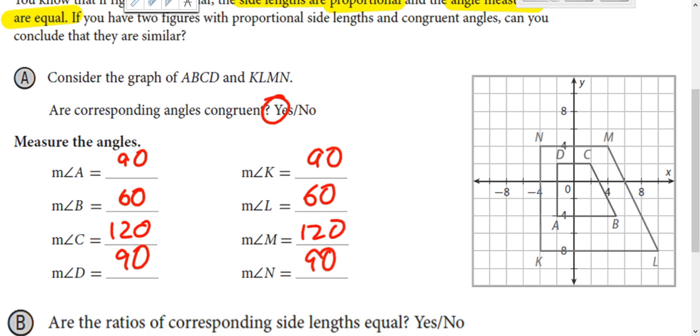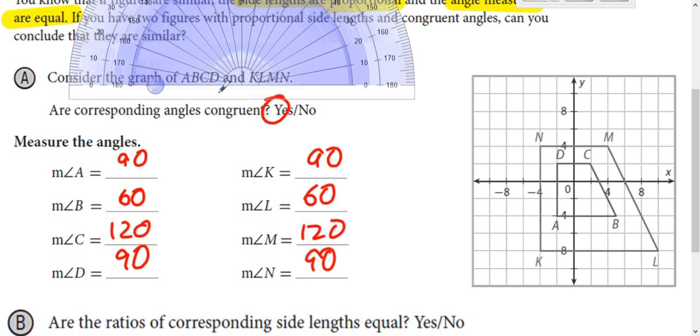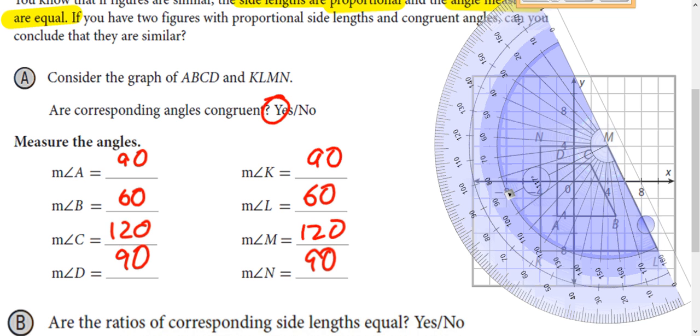You could pull out your protractor and actually measure it. It's no big deal. So if you get your protractor on there, you see M is about, well, it's probably about 115, not 120.